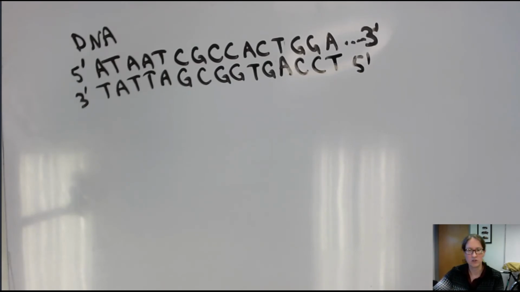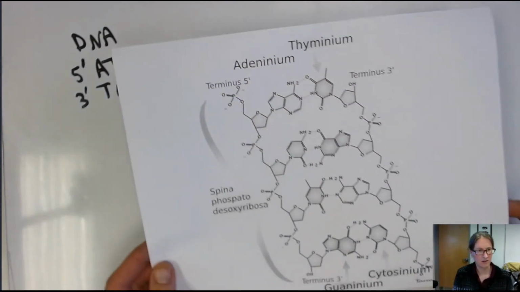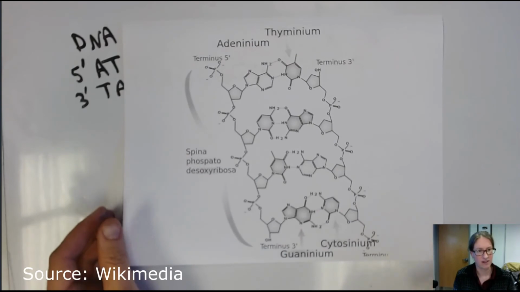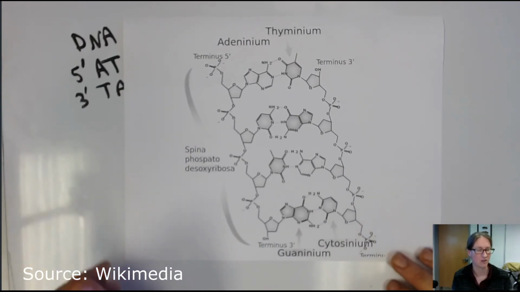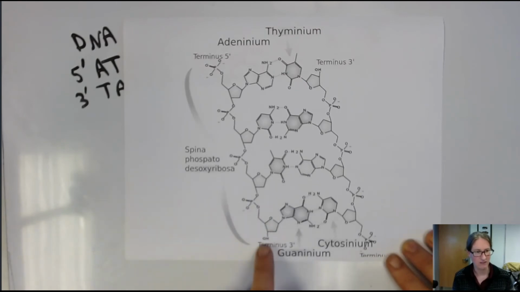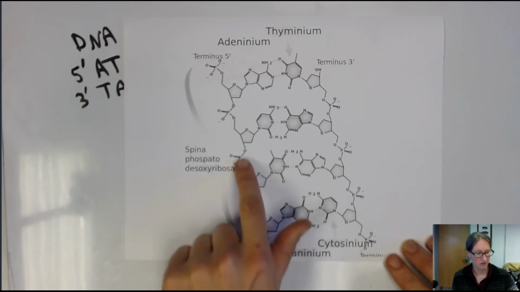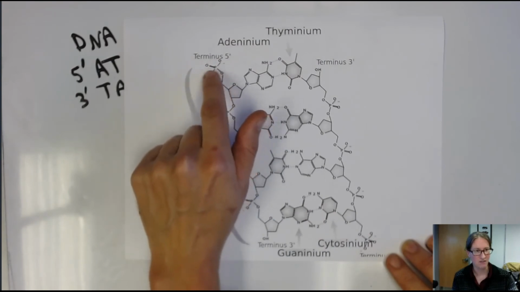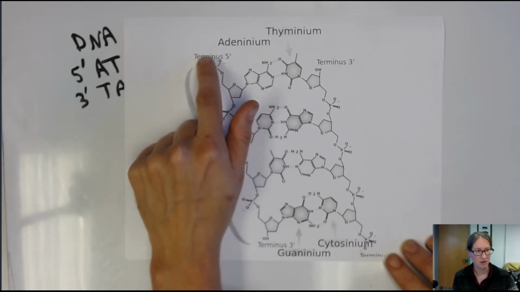And just to show this to you, here's another illustration that I found that shows you the full molecular structure of a DNA molecule. So here on the left-hand side, we've got a free 3' carbon at the end of this chain. And so as we go up, we've got a free 5' carbon up here at the other end.